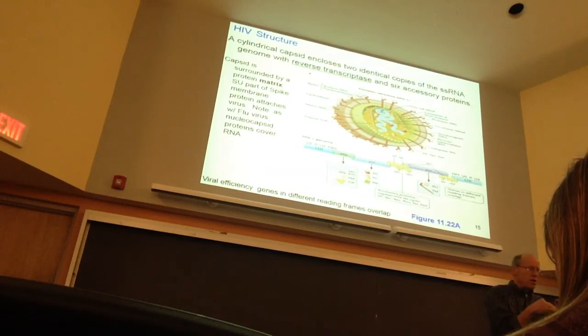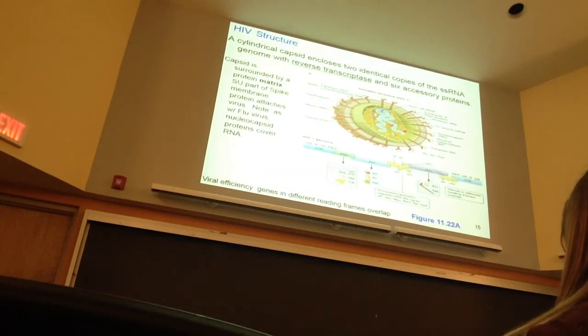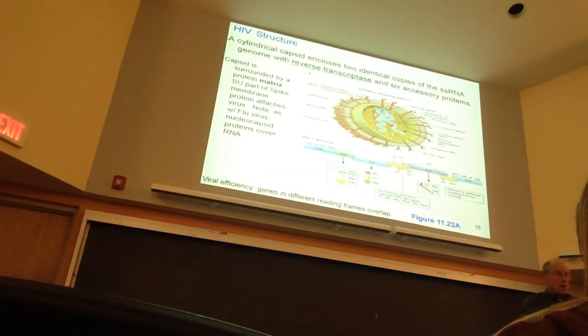These are small genomes, but they're getting extra duty out of that same DNA sequence, either by transcribing in the opposite direction for one gene, and then vice versa for the other gene, or simply changing reading frames. If you change reading frames, you're going to make a completely different protein. So this is one of the things viruses are famous for, making do with very little. Very small viral genomes pack a wallop.